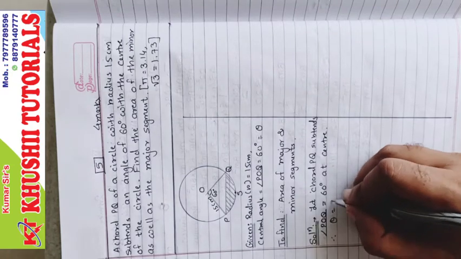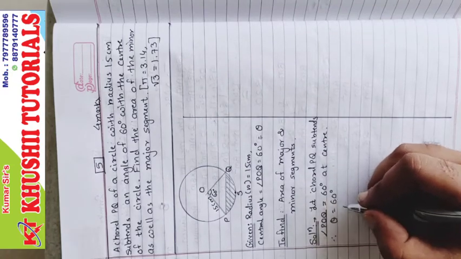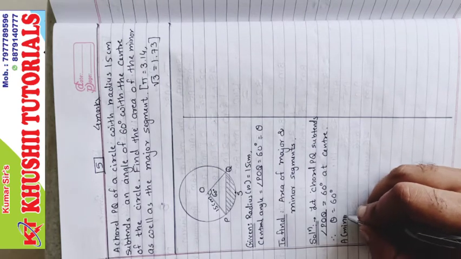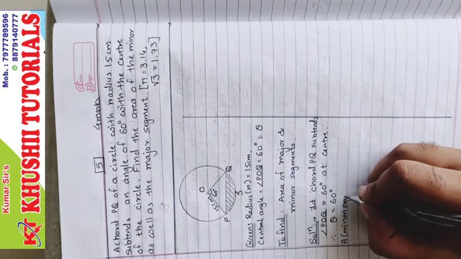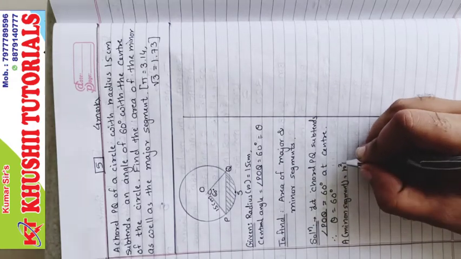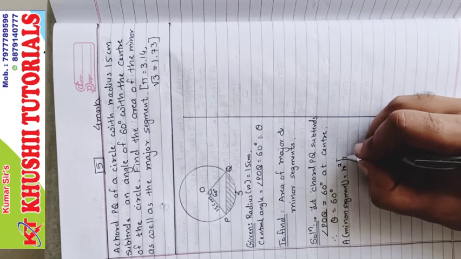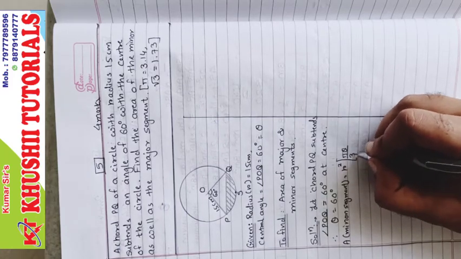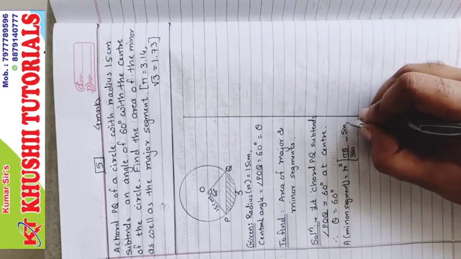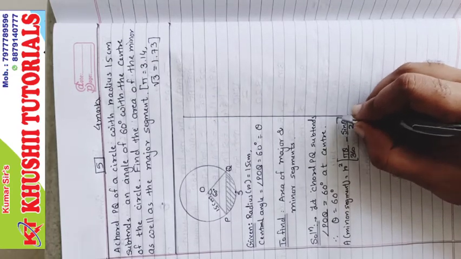Therefore theta equal to 60 degree. Now area of minor segment. Formula you know, r square into pi theta upon 360 minus sin theta upon 2.